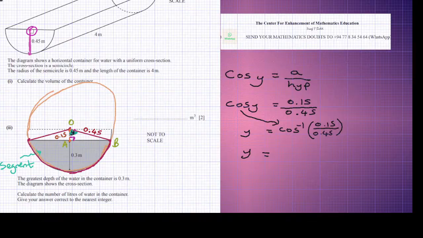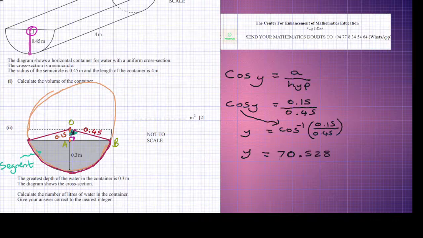So y equals, let's ask the calculator, what is cos inverse of 0.15 over 0.45? We get y as 70.528.